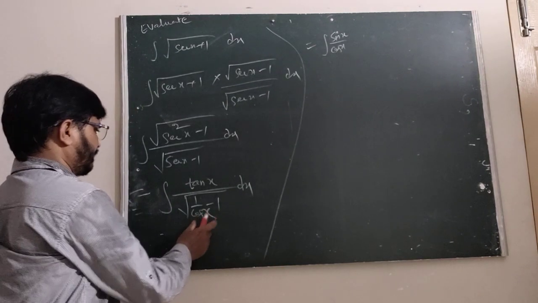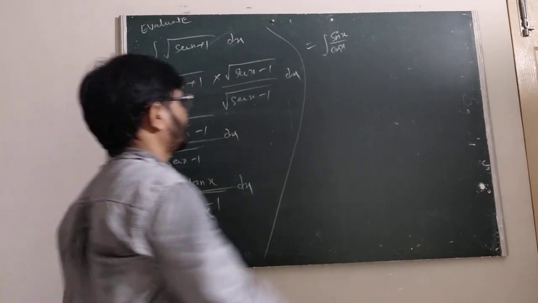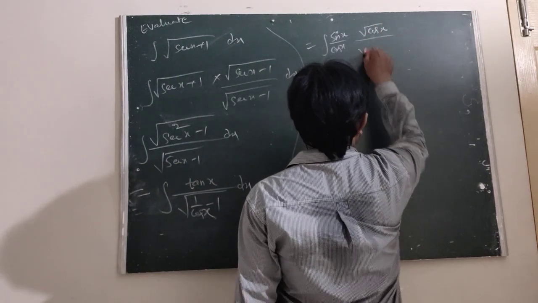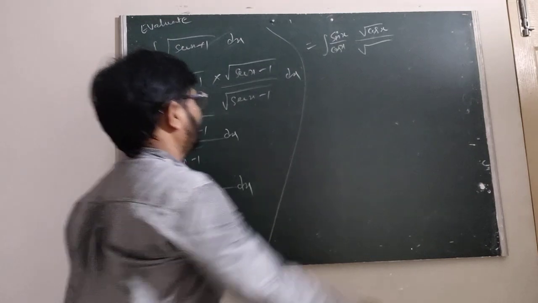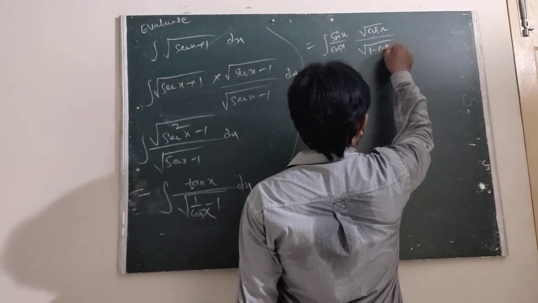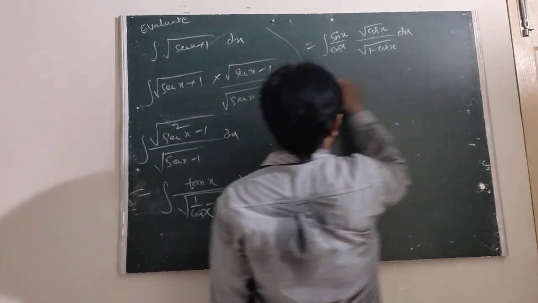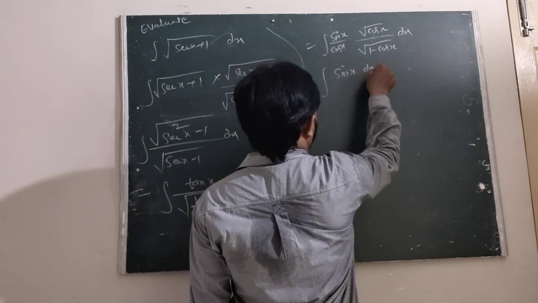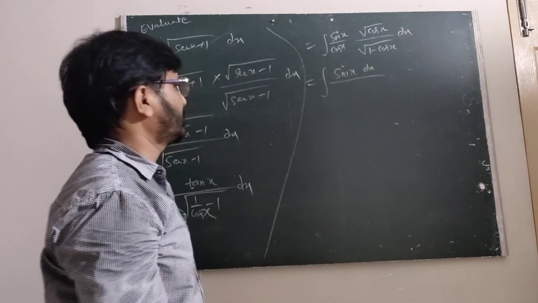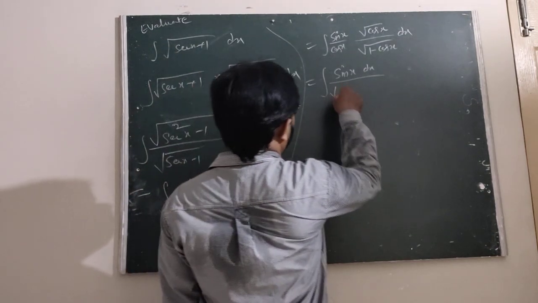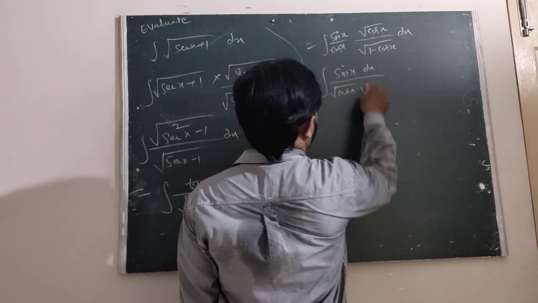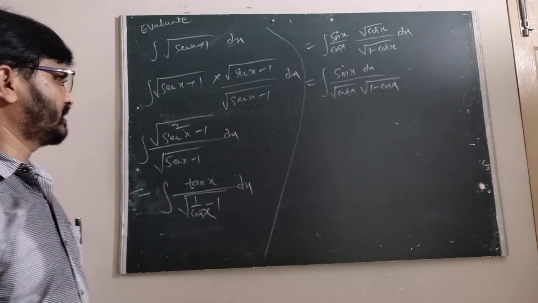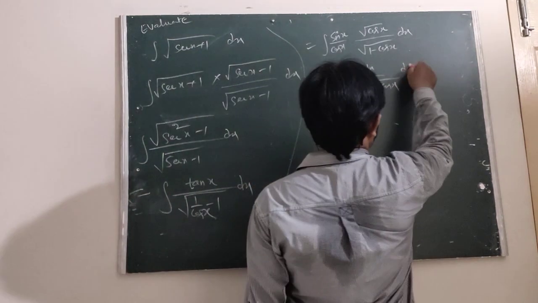Therefore, taking sin x by cos x, this is root of cos x whole by, taking the LCM, 1 minus cos x into dx. Now this is the integral of sin x into dx, over root of cos x into root of 1 minus cos x dx.